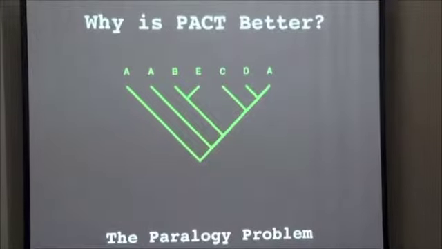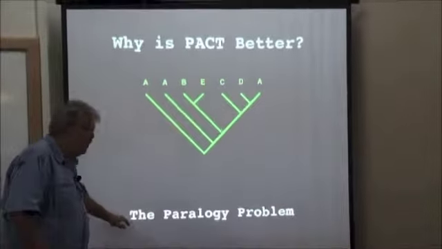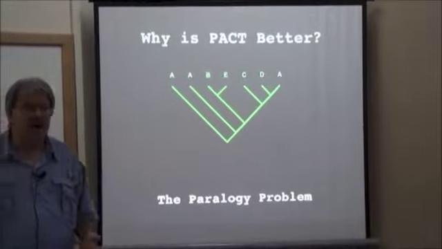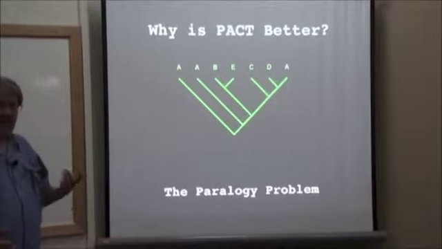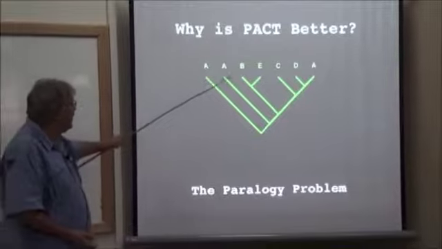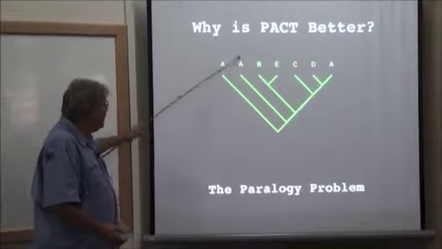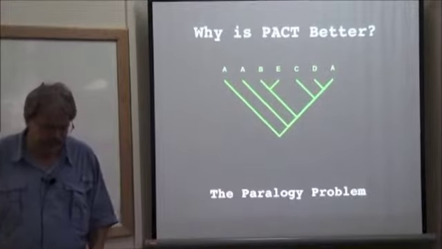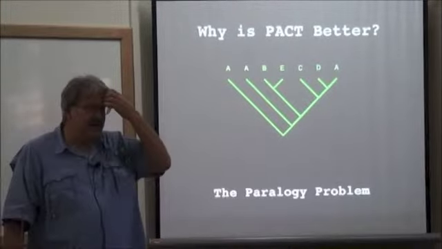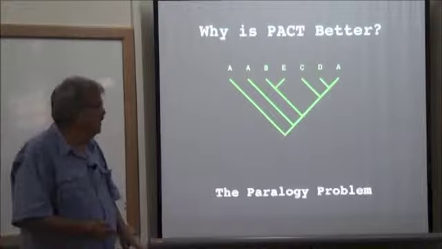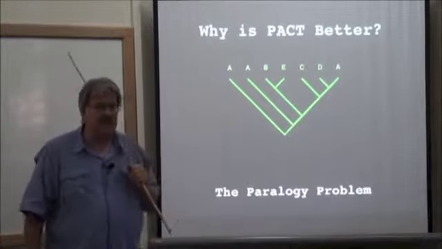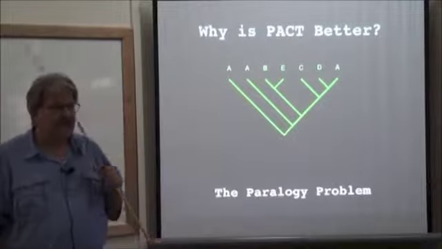Okay. So why is PACT better than anything else? One of the reasons is because of the way it deals with the problem of paralogy. All other methods, including both primary and secondary BPA, would take these two and combine them into one. And that amounts to saying that we believe the only way this could happen is through sympatric speciation. Okay?